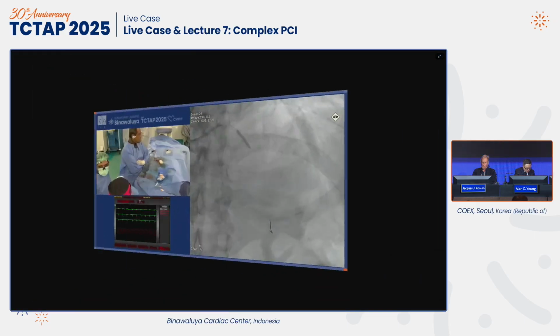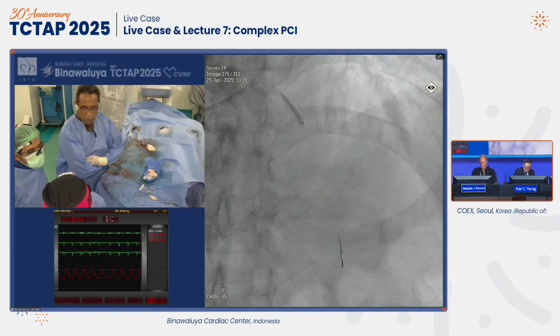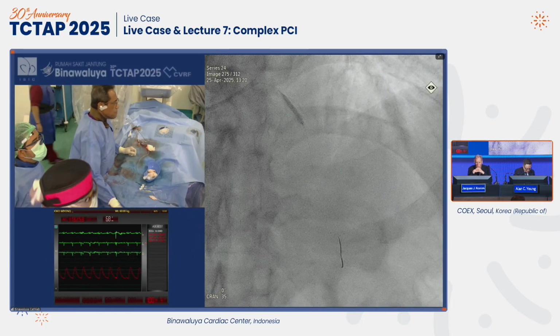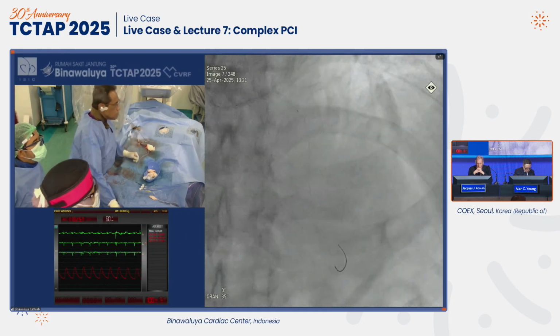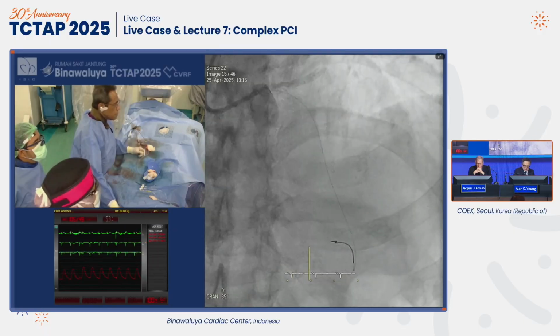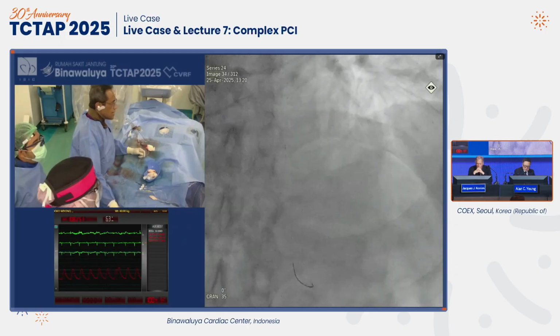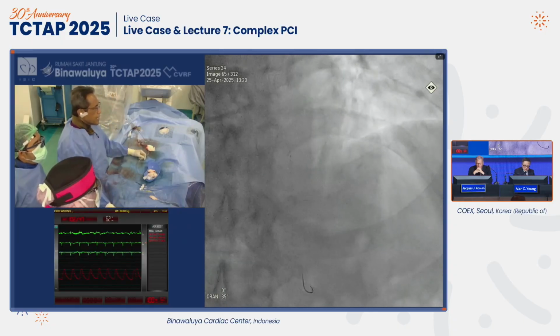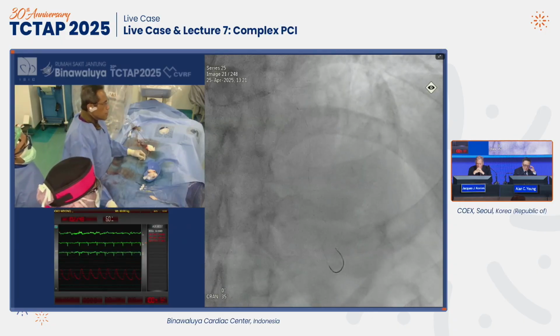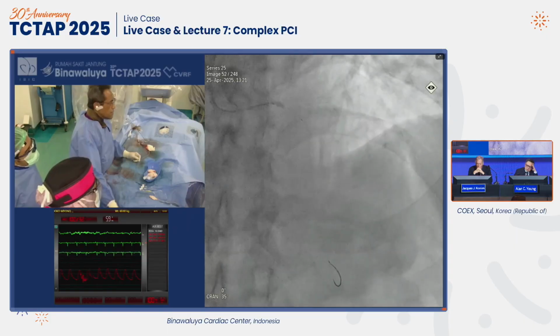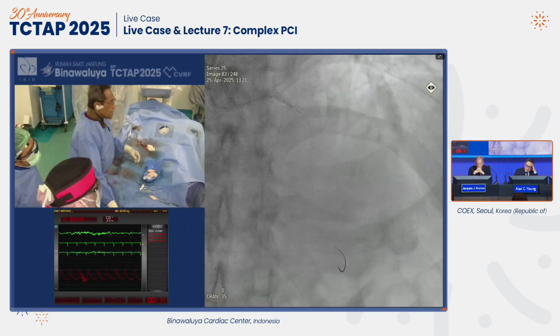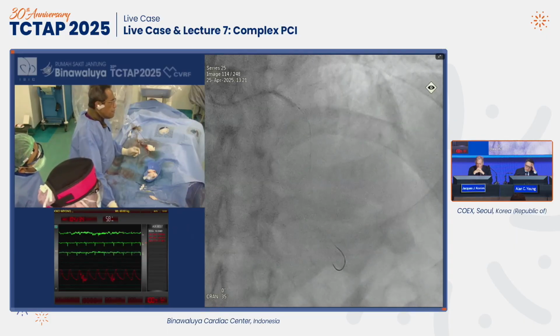For the full screen, okay. Yeah, this is the cutting balloon, before it's blue. So this is cutting. At the diagonal bifurcation, 2.5, and then we cut again at the proximal part with 2.5.